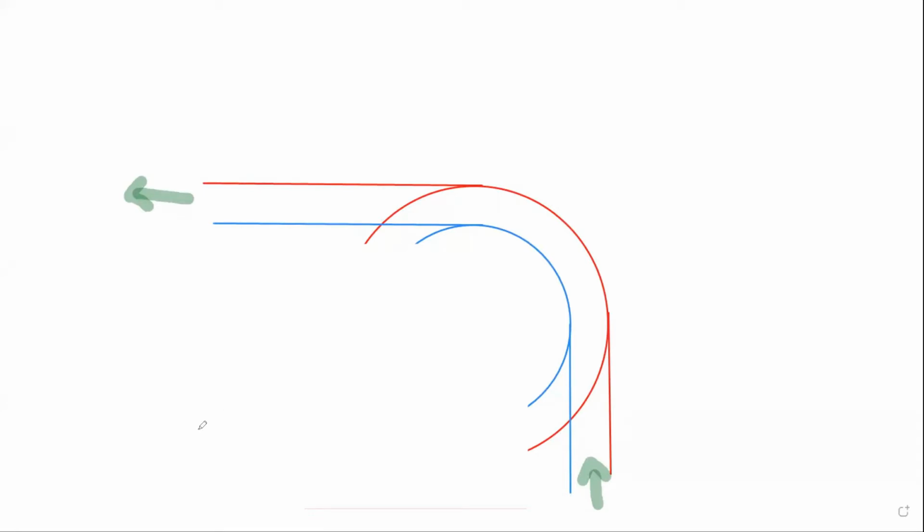Now if we look at the front axle, if I try to draw the front axle wheels from the top, I'll use the highlighter.